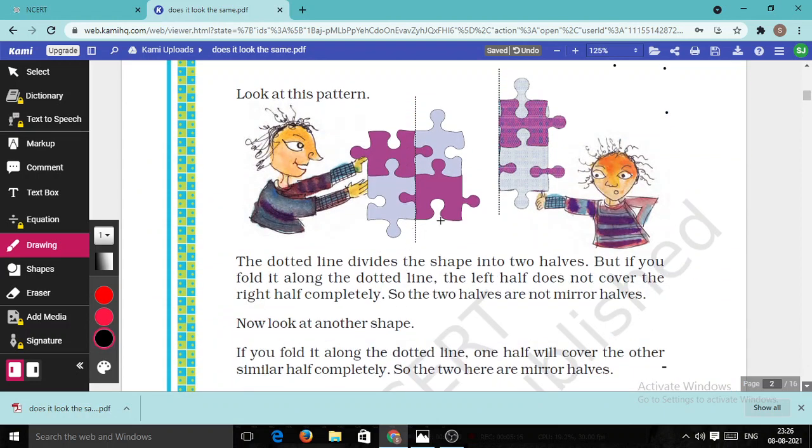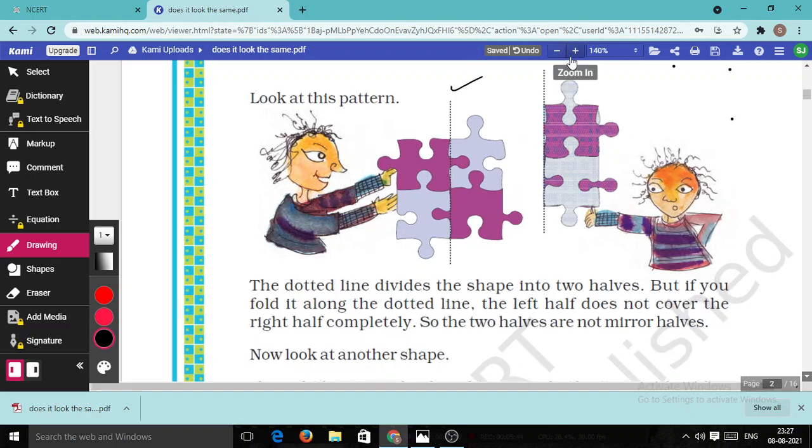Now look at this pattern carefully. This line divides the figure, but if I fold this paper in such a way, I will get this figure where these two parts are not superimposed on each other, that means they do not exactly match each other.